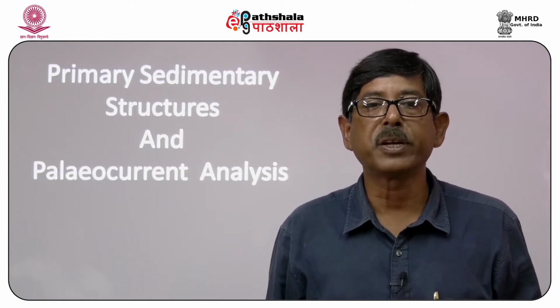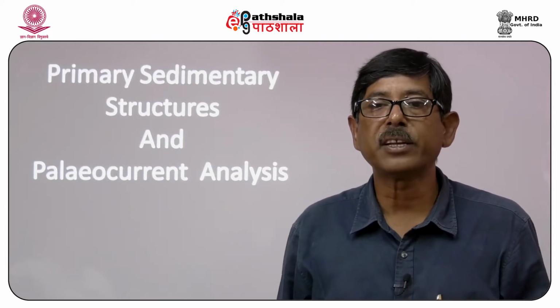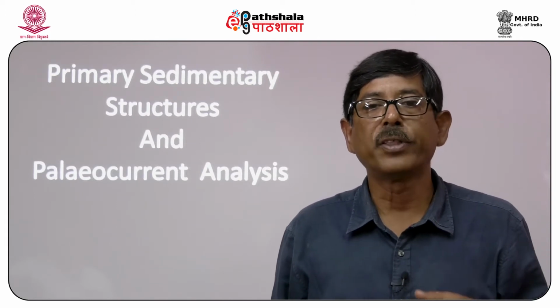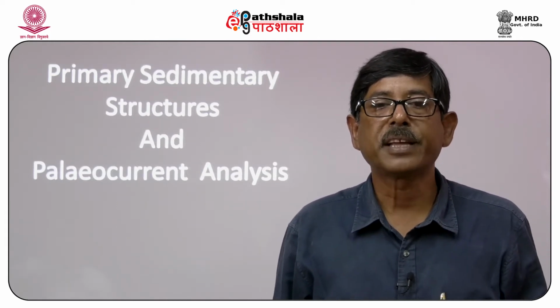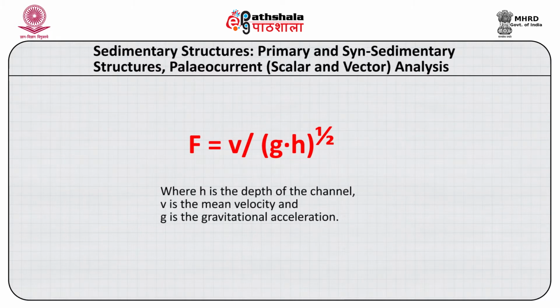Froude number can be considered as the ratio between the inertial force acting on the fluid and the gravity force acting on the water surface. It can be represented by F is equal to V by root of G into H, where H is the depth of the channel, V is the mean velocity and G is the gravitational acceleration.